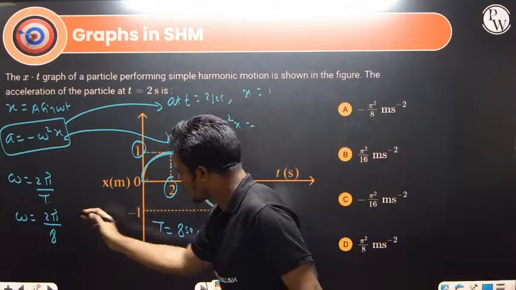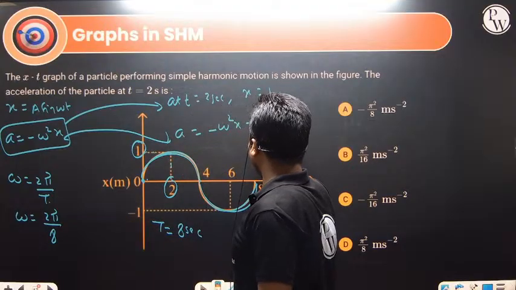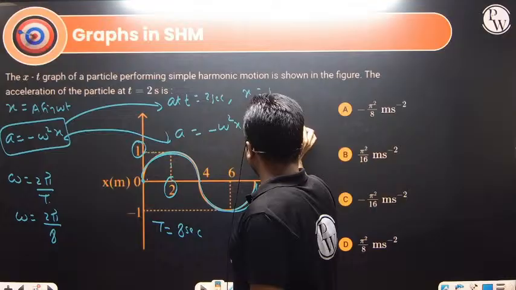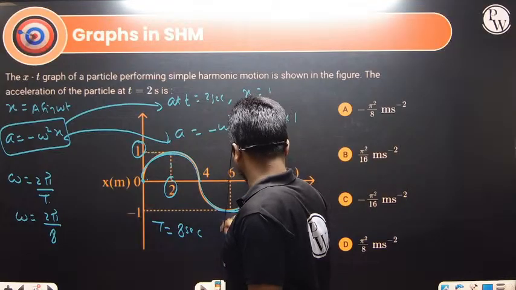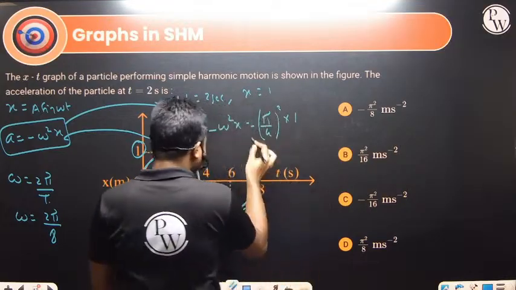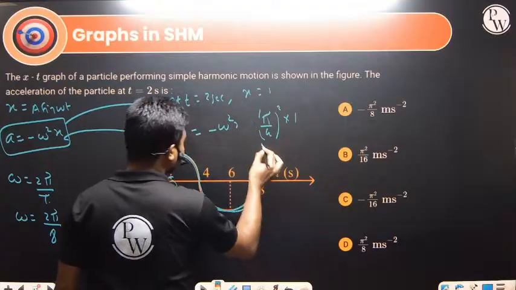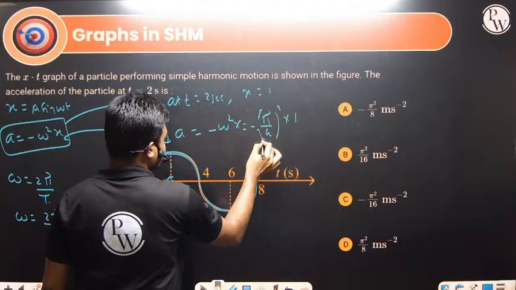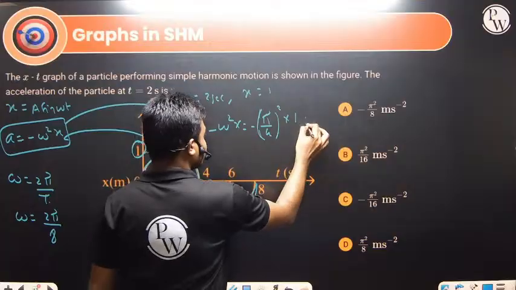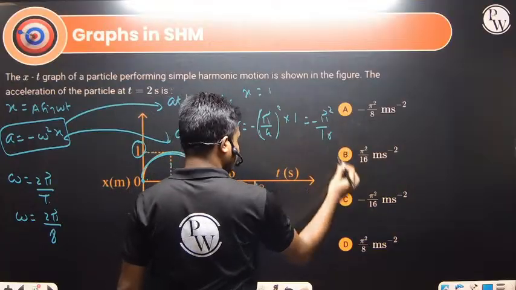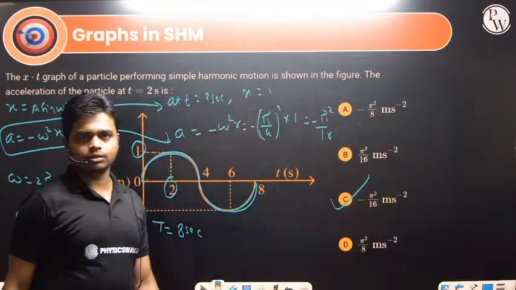Just now we got omega, that is pi by 4. So pi by 4 square into x, and the minus will obviously come, because the option is there in terms of the minus. So this will be minus pi by 4 square, which is minus pi square by 16. Answer is option C.